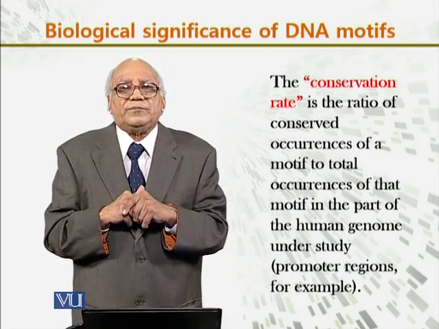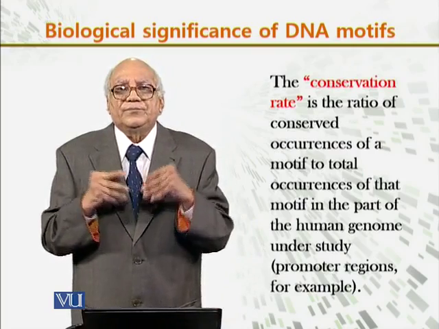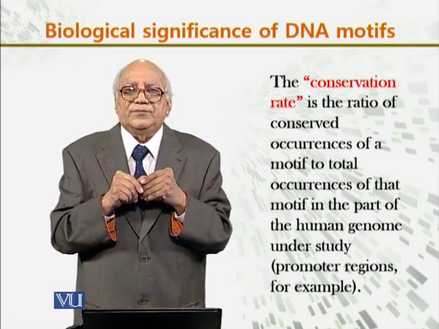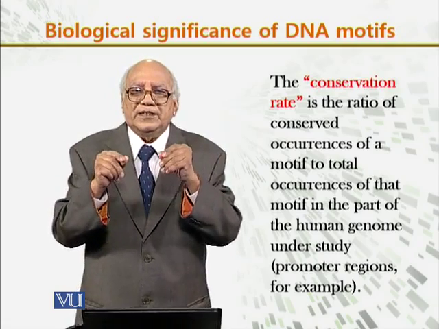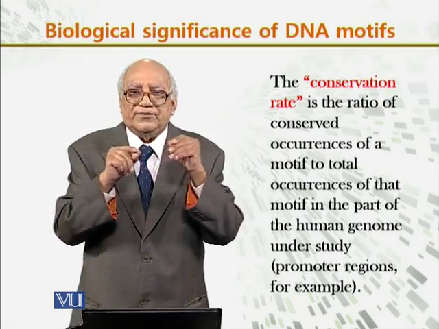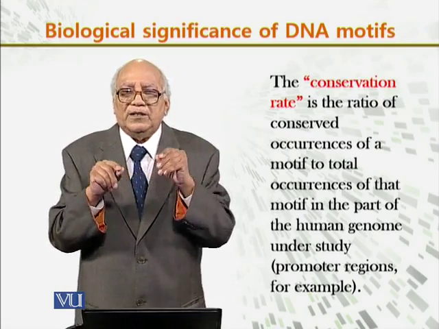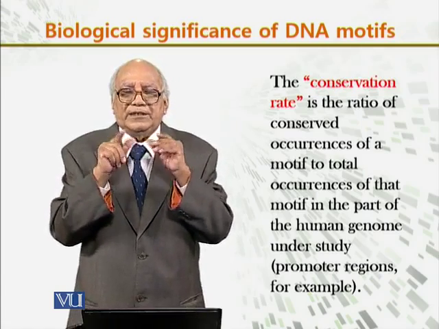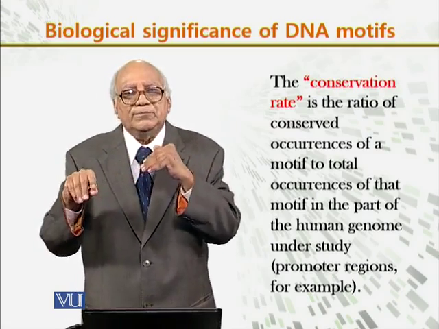Now, the conservation rate is the ratio of conserved occurrences of a motif to the total occurrences of that motif in the part of the human genome under study, that is the promoter region, for example, because they will be near the promoter region.